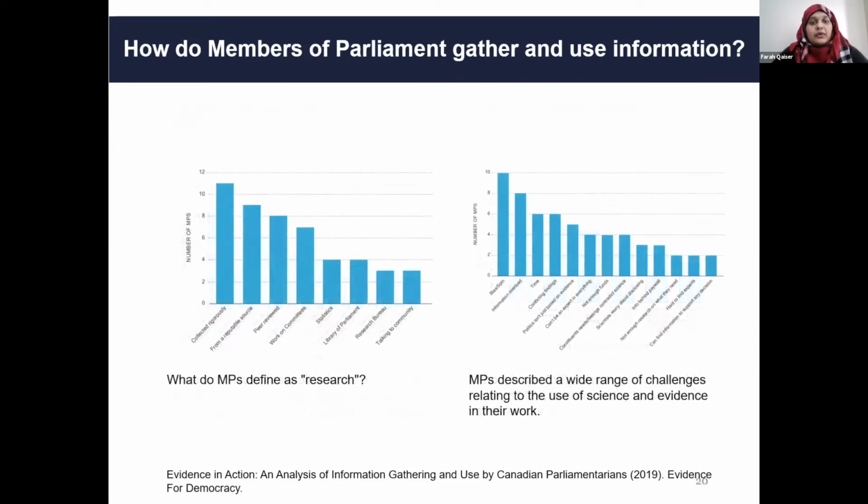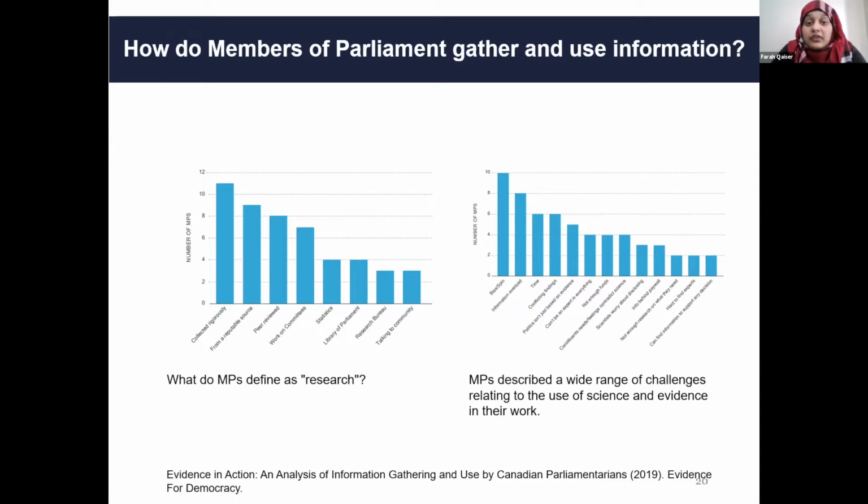Two more things that I wanted to flag. An important question is, what do MPs define as research? A lot of interesting characteristics came out. One of them was that the information was collected rigorously or it came from a reputable source. Peer reviewed was pointed out by 8 members of parliament. Others pointed out that research includes work that's done through committees.